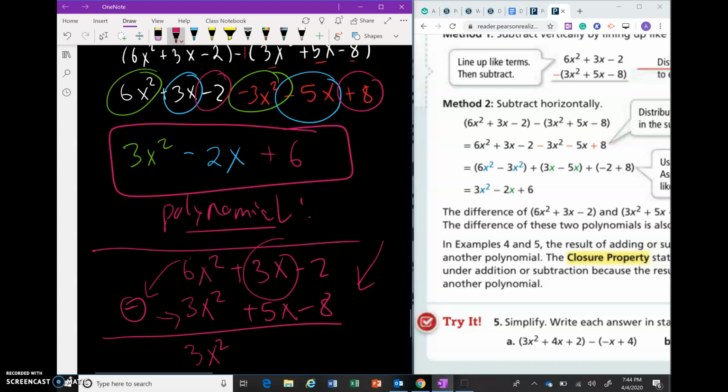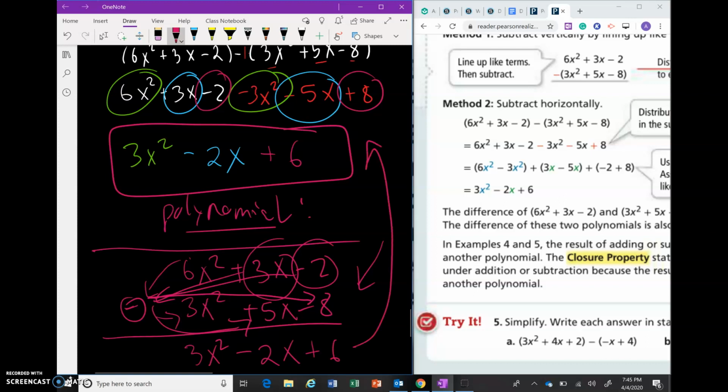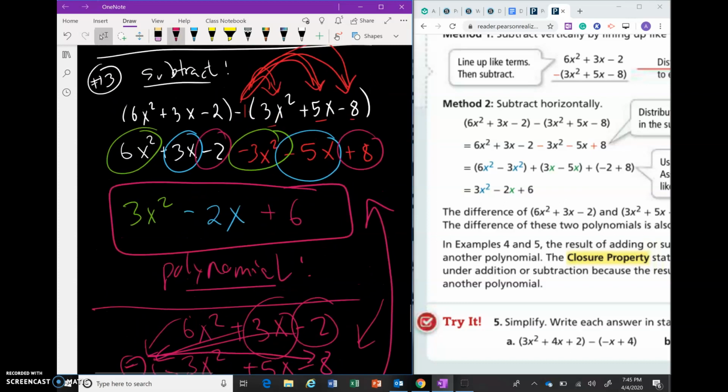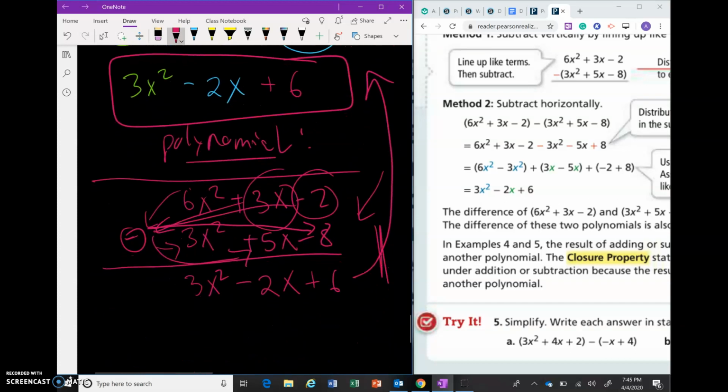Then 3x minus 5x gives you negative 2x, and then negative 2 minus a negative turns into a positive, so it's really negative 2 plus 8, which gives you 6. You get the same exact thing whether you do it horizontally or vertically. Good luck, guys.